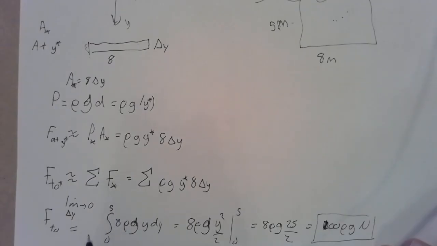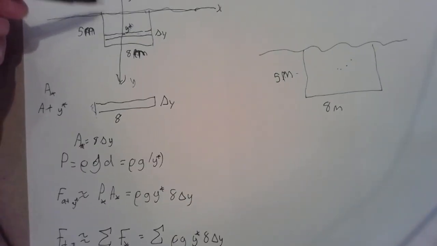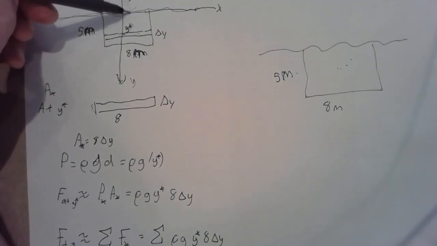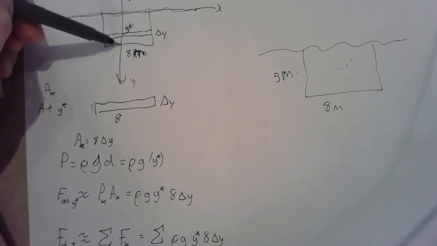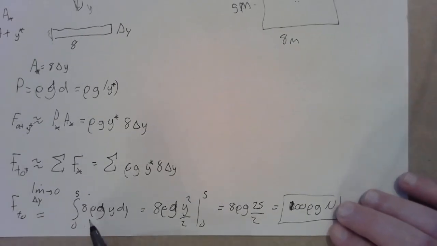It's an S, it means sum. When delta y goes to 0, it becomes a dy, and we put in our limits of integration. The smallest value of y that made sense here was y equals 0 at the water line up to y equals 5. So then we just do this integral.